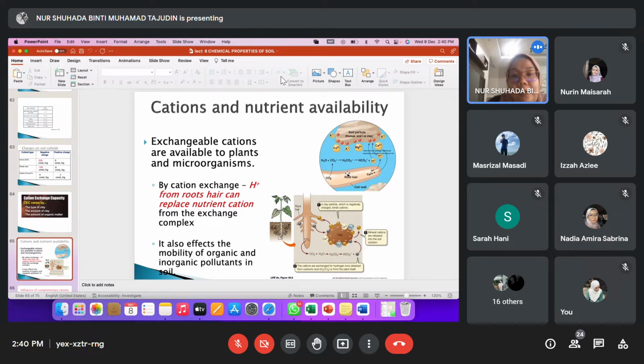Okay. So exchangeable cations are available to plants and microorganisms by cation exchange. H plus, okay, they have to be balanced. Okay, when a root wants to absorb calcium, it has to throw away 2 H plus.